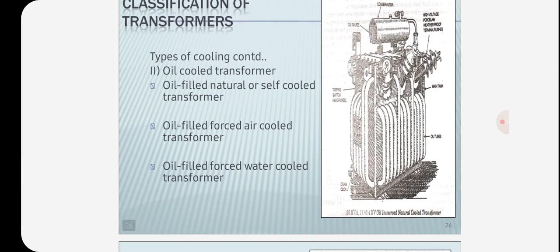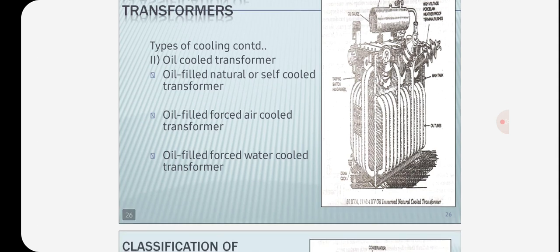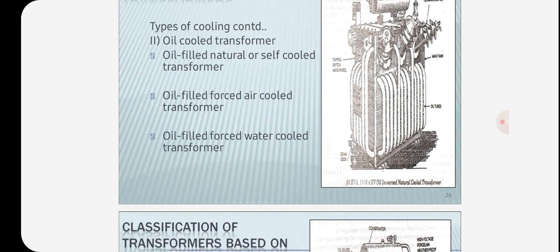Again, types of cooling: oil cooled transformer. In oil cooling, oil filled nature or self cooled transformer, oil filled forced air cooled transformer, oil filled forced water cooled transformer.